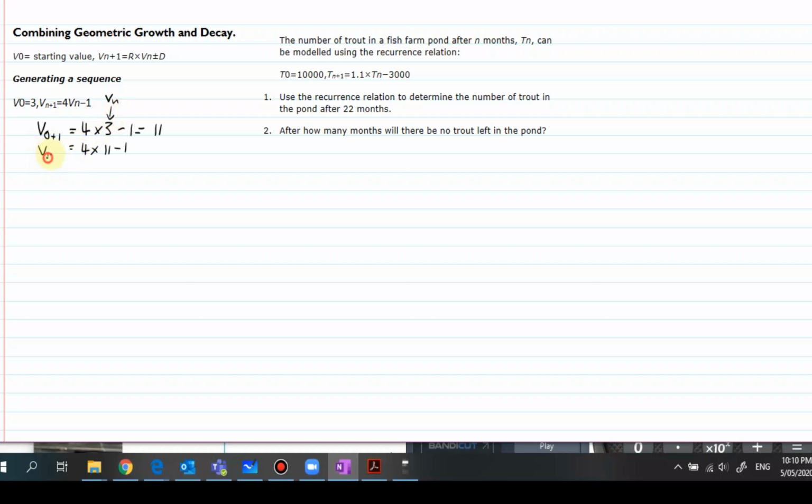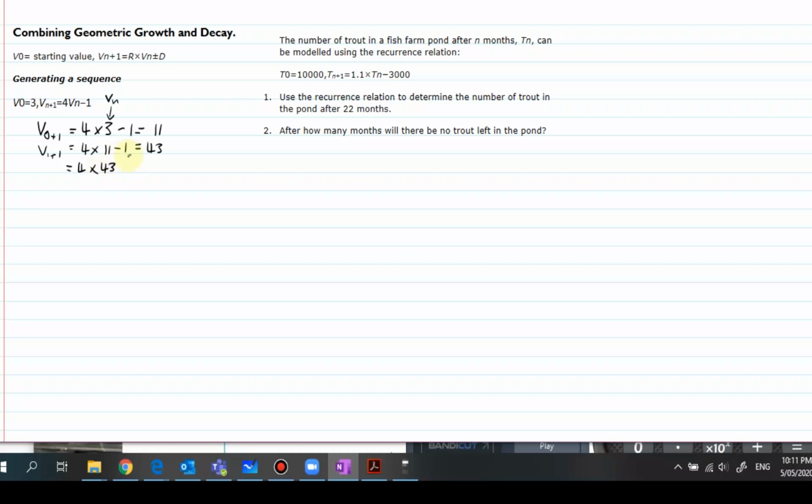All I've done is take that and place it there, because 3 is our Vn. So this is effectively V2. And 4 times 11 is 44, take 1 is 43. And we keep going. 4 times 43. 4 40s are 160, and 4 3s are 12.